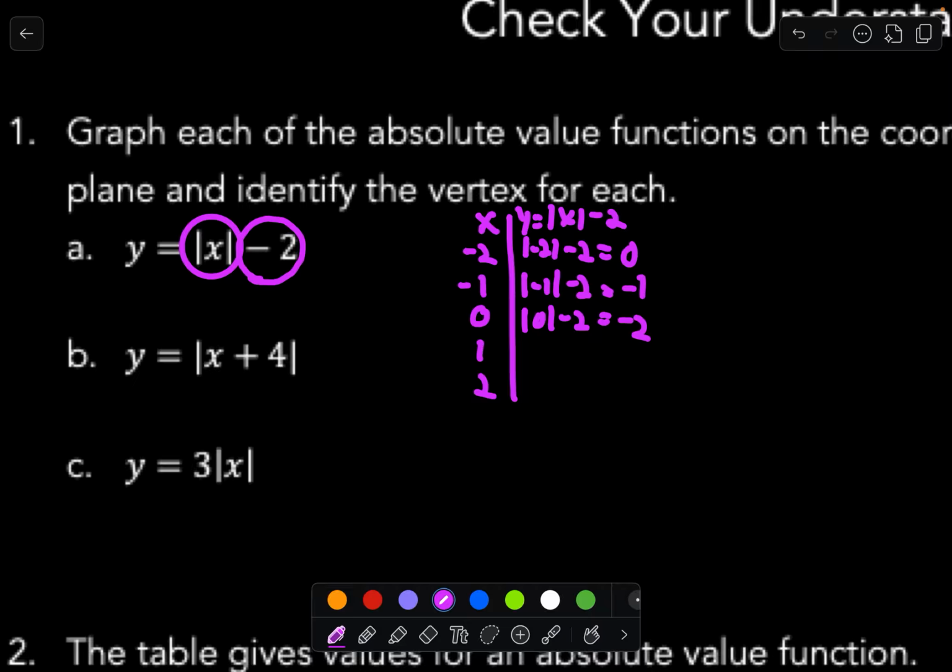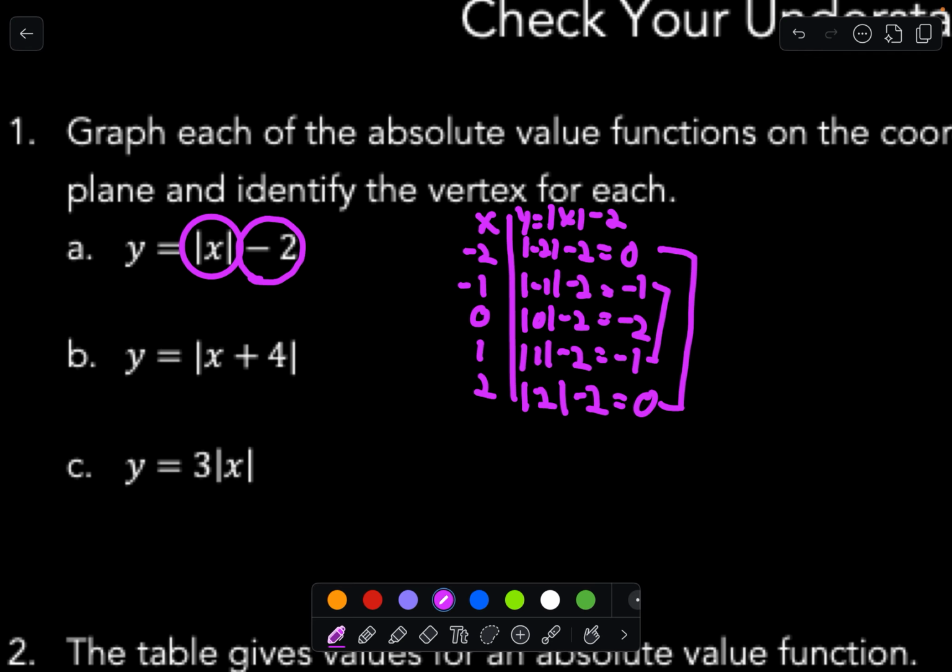When x is 1, we have the absolute value of 1, which is again 1, minus 2 is -1. And finally, the absolute value of 2 is 2, minus 2 is 0.